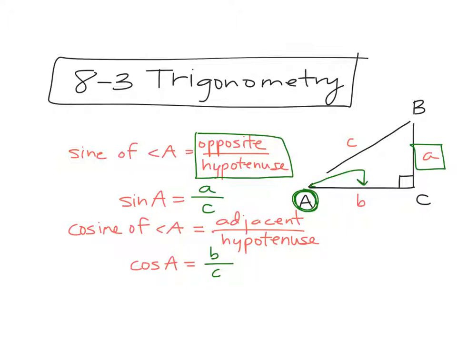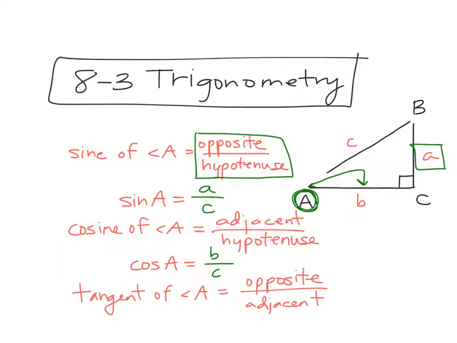Okay. Last one is tangent. So if I say the tangent of angle A, that is opposite over adjacent. Opposite over adjacent. Yes, ma'am. What does adjacent mean again? Next to. How do you know if it's c or b? You need to stop doing your homework, because I just said that. c is the hypotenuse, right?